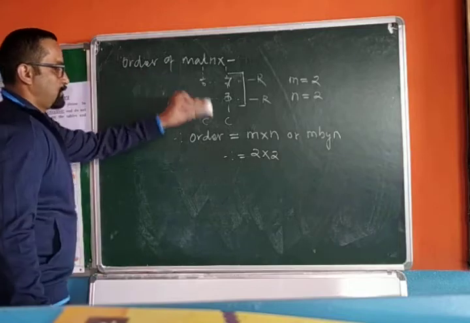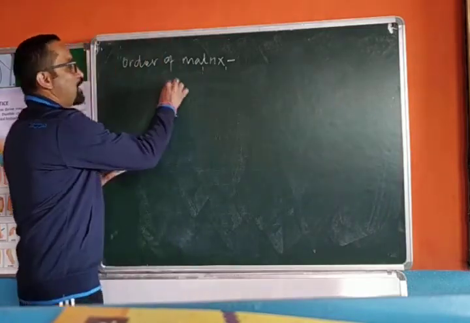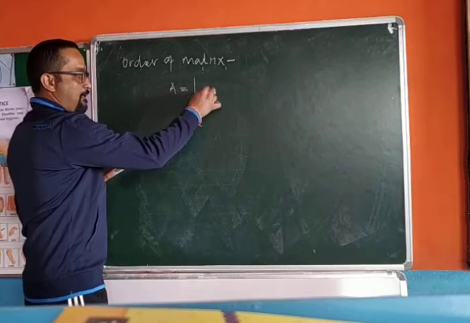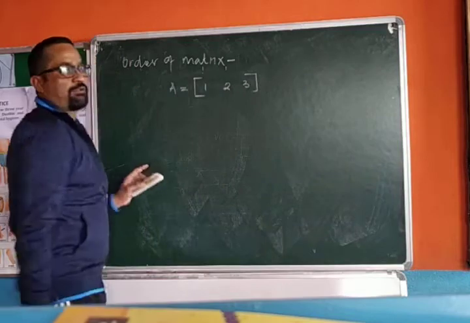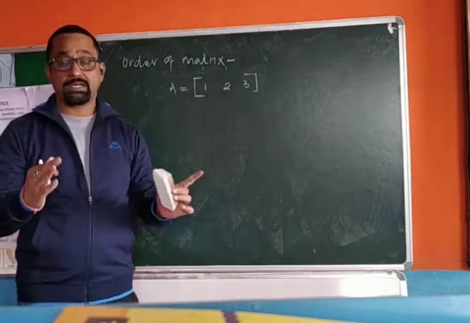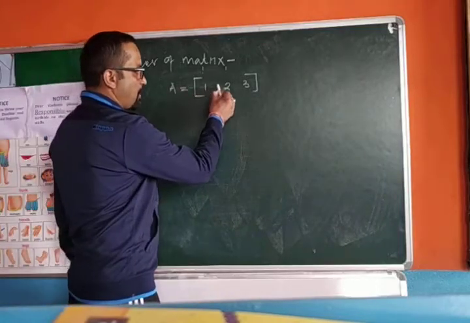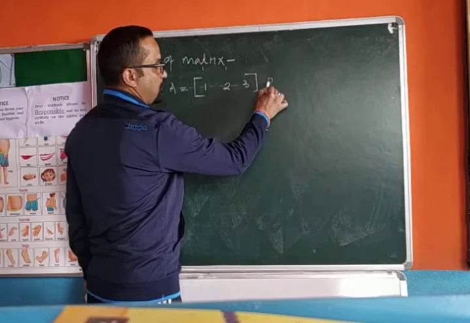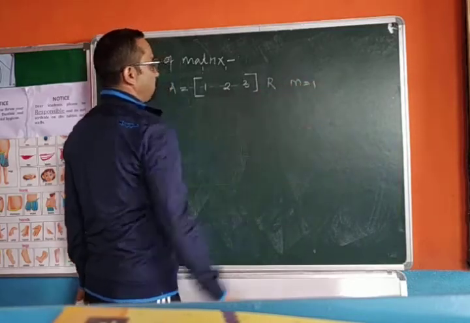Let's consider some more examples. A matrix A, 1, 2, 3. The numbers inside the bracket are called elements. See how many rows it has. It has only one row, so m is 1.